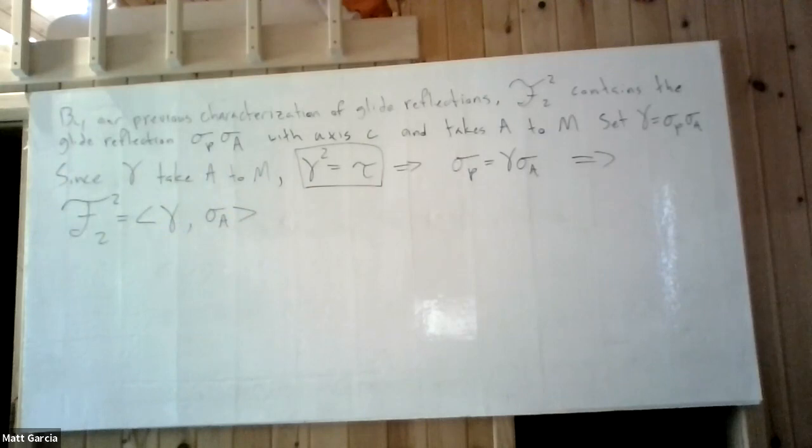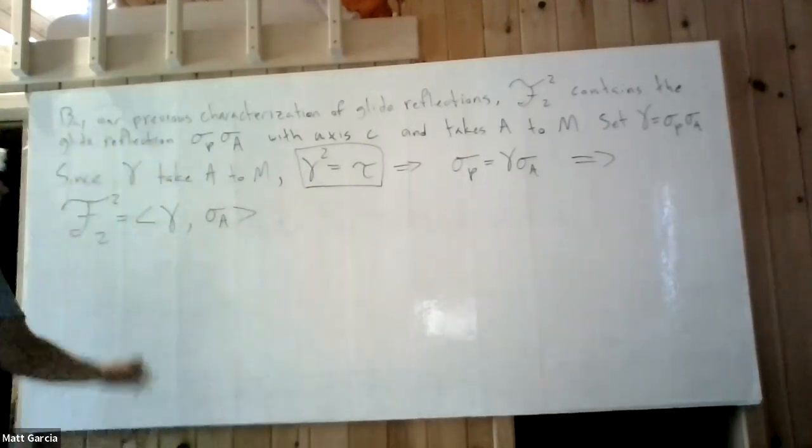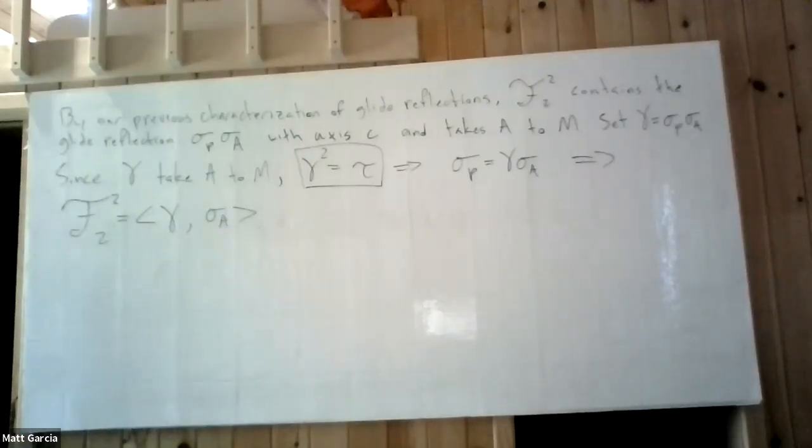So, okay. Now that we have this compact form of how F22 is generated, we'll do the same thing that we've done for the previous 5 Frieze groups.